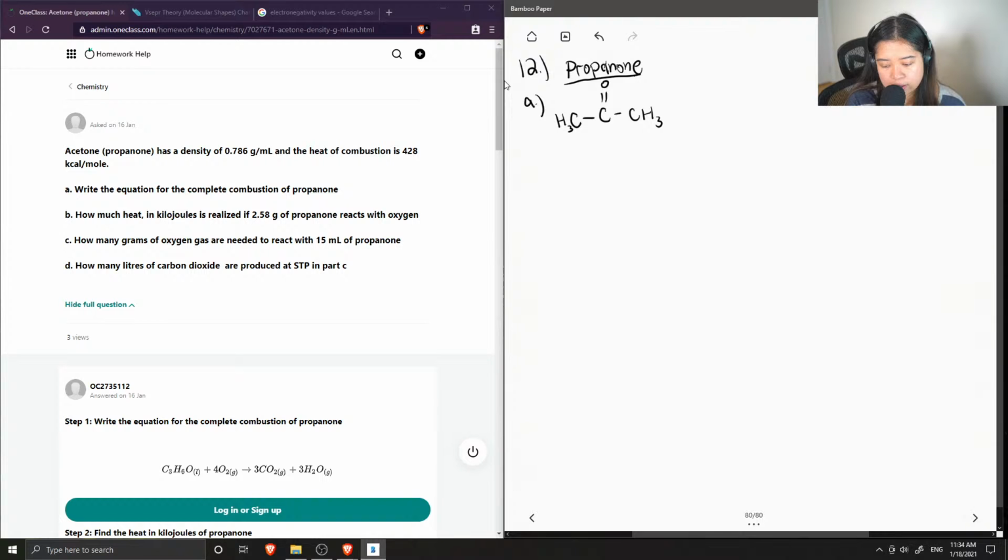Okay, so this is the structure of propanone. And if we were to write out its chemical formula, it would be C3H6O.